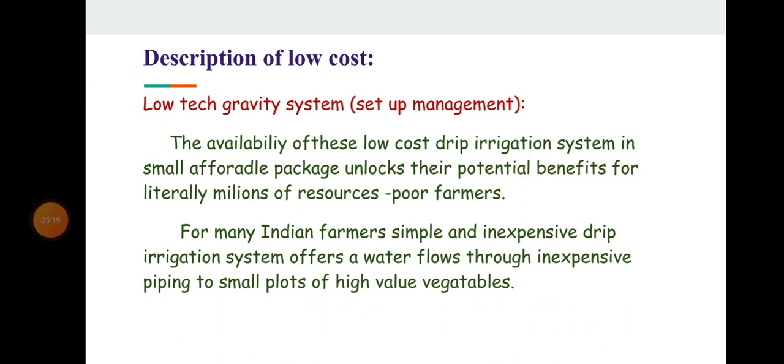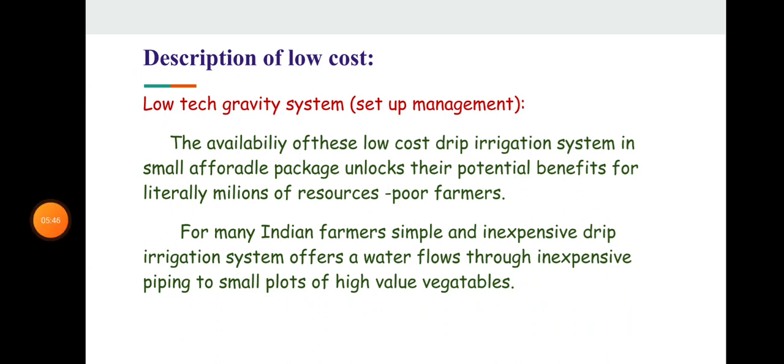And the next, description of the low cost, low tech, and gravity system of drip irrigation. It uses minimal resources. Poor people, like poor farmers, can also use this type of irrigation. It brings inexpensive piping to small plots of high value vegetables. It unlocks potential benefits for literally millions of poor people.